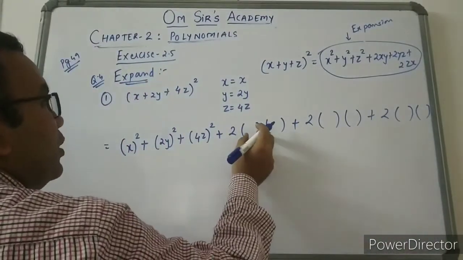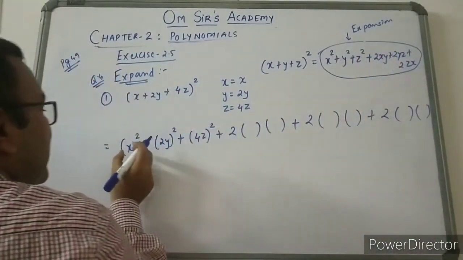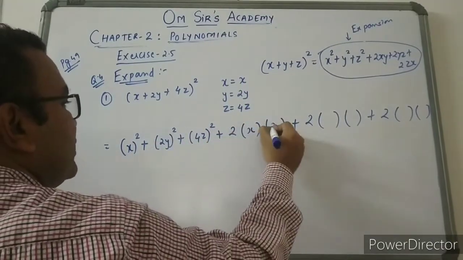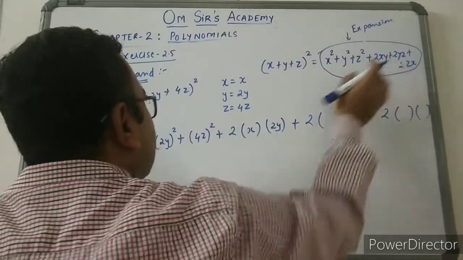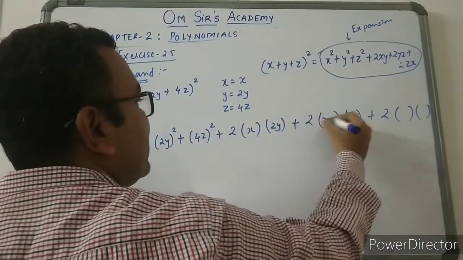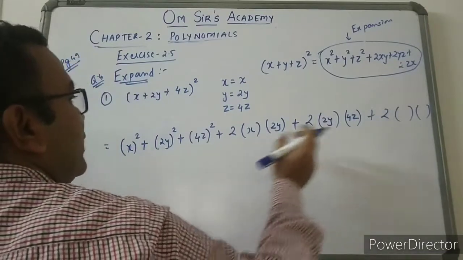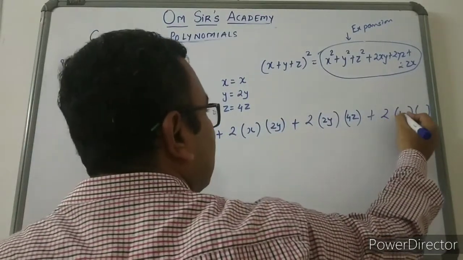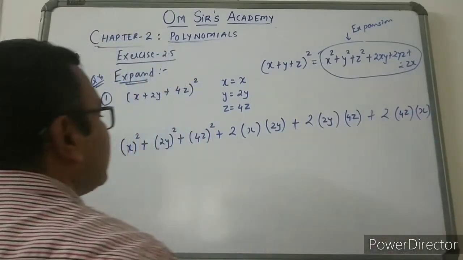Okay, so in place of xy, what will I write? The first and the second term. The first term is x, and the second term is 2y. Then in place of yz, the second and third term, that is 2y and 4z. And in place of zx, the third and the first term, that is 4z and x.